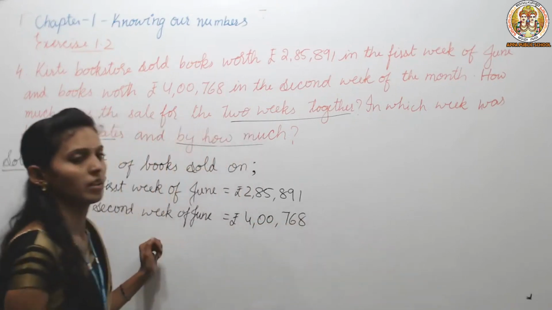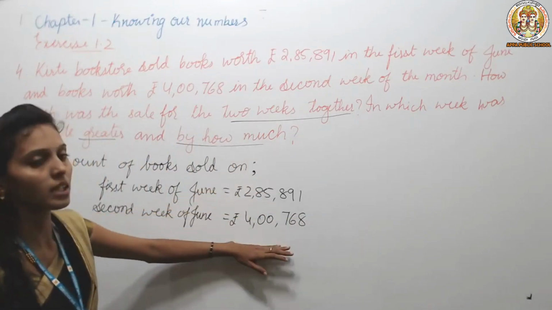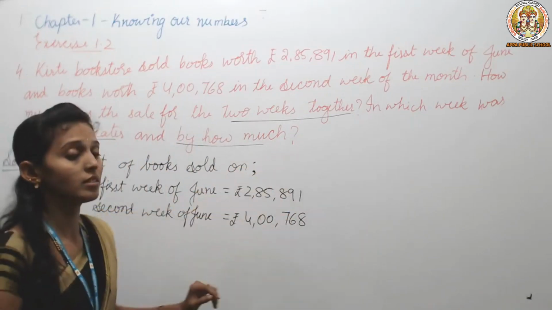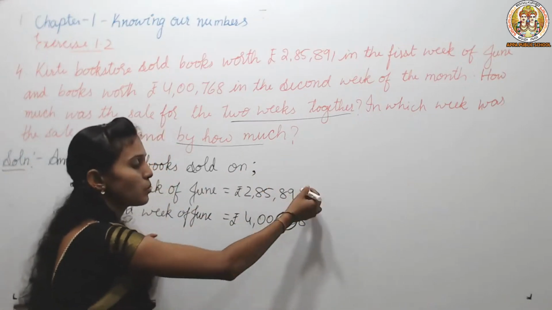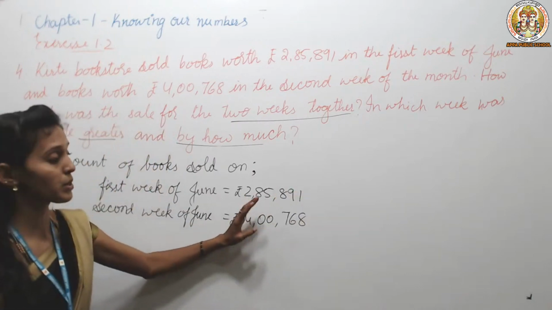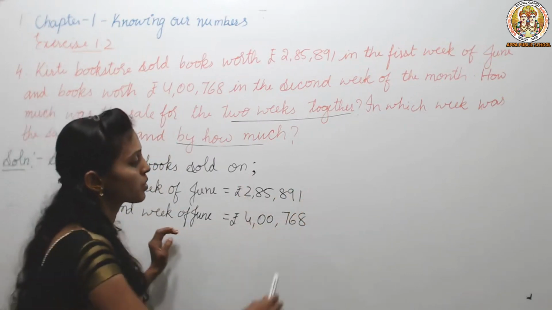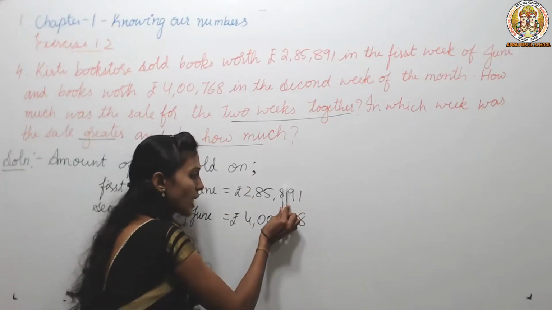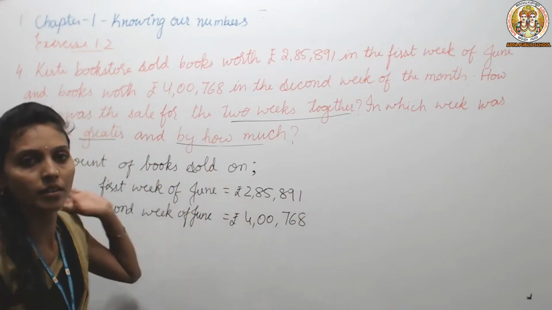See, if you write the numbers in a vertical order, and the place values come in the correct order, it will be very easy to add, or else you will get confused about which number to add to which. So you should maintain that line. You should write the numbers in the same order.